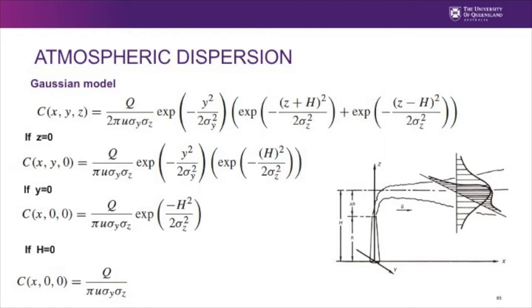We are usually interested in the greatest value of the ground level concentration in any direction. And this is the concentration along the plume center line, that is for y equals 0.